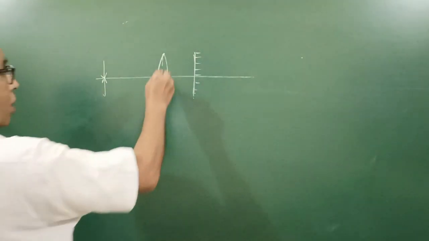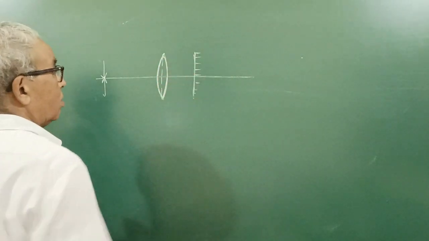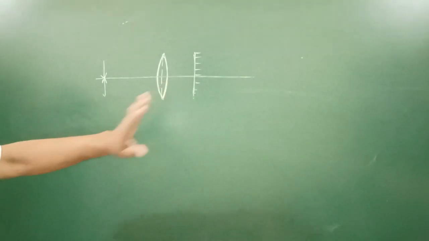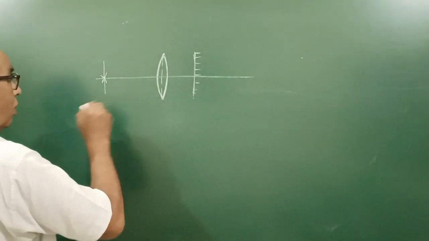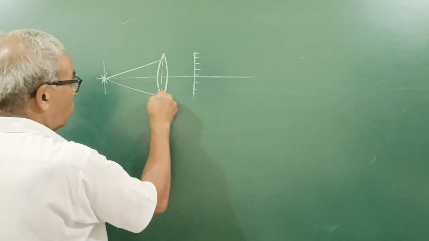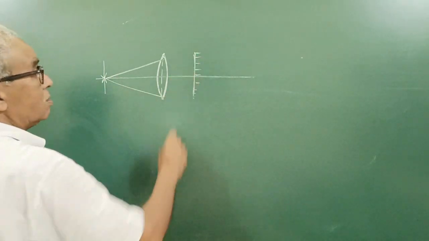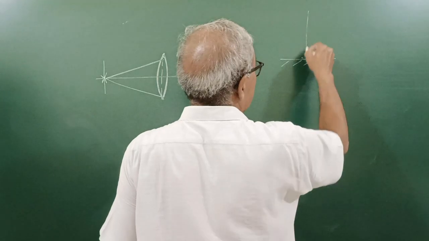If I put the convex lens and this plane mirror and get the image of same size on the object itself, it is only possible if the ray starting from here, after it falls normally, the normal ray is reflected back on the same path.